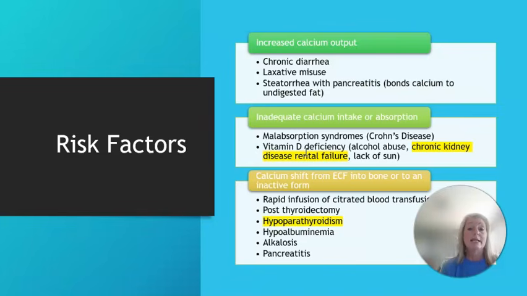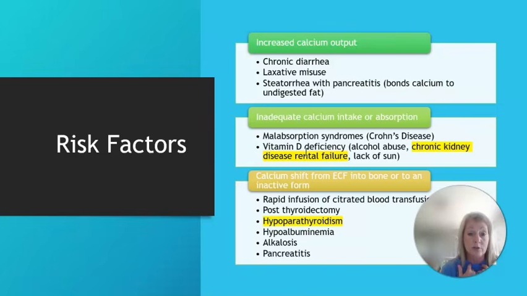Now, sometimes you can get a shift of calcium from the extracellular fluid into the bone or to an inactive form. The most common one I could see with that is probably hypoparathyroidism. I know that's a big term, but inside your neck you have your thyroid gland, and behind your thyroid gland you have 4 little glands called the parathyroid glands.